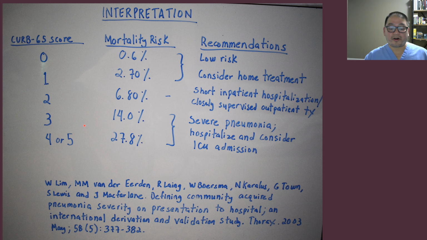If the CURB score is 3 and above, they definitely need to be in the hospital, and in some cases ICU admission. And as I said, the higher the score, the higher the risk of dying, with 4 or 5 having a 27.8% risk of dying.